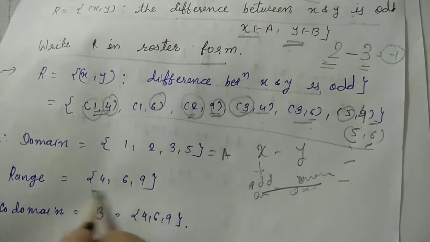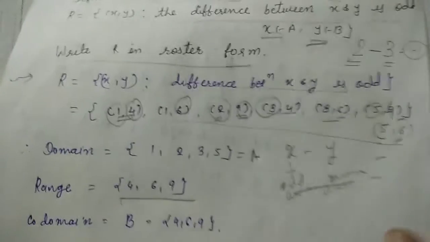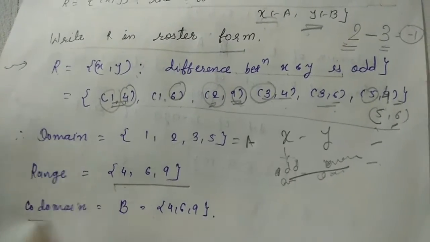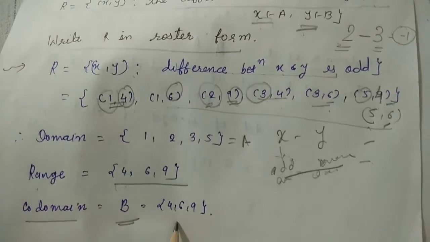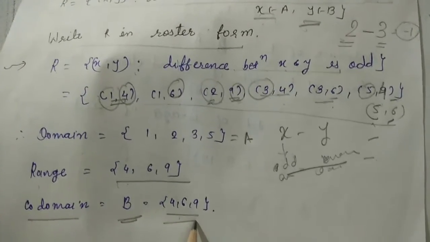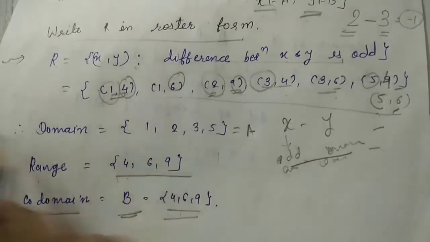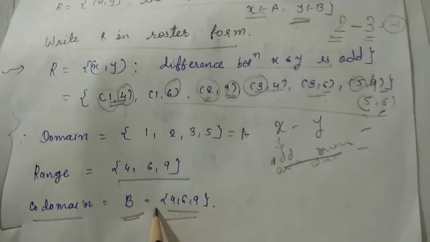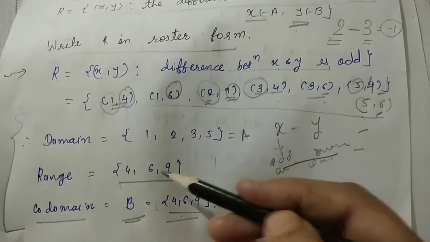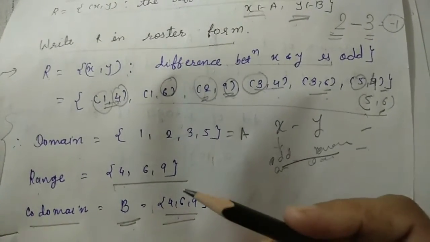So your set is {4, 6}. And here you can check that the codomain, set B, is not the same as the range; the codomain is equal to {4, 6, 9}. Okay students, this was not asked, but we have found this extra. So your concept of domain, range and codomain must be clear.